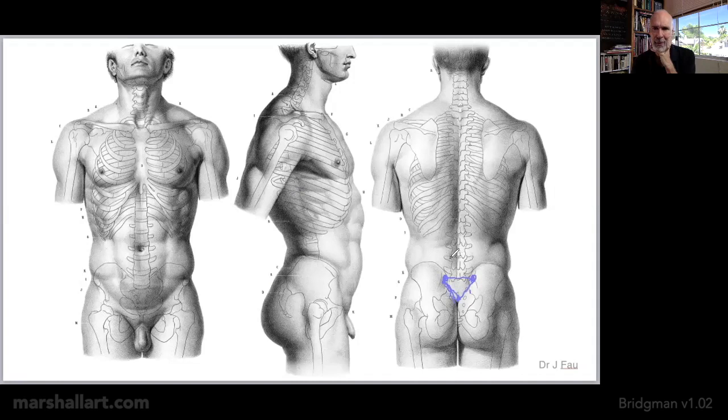I don't see it as an individual muscle. Okay, dear students, this is a tough one. There is a muscle that starts all the way down here, and it goes here, and it goes all the way up into there. Anyone know what that muscle is? It's even got a little part that tugs off of there. That is the latissimus dorsi.